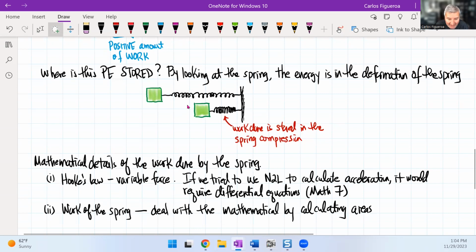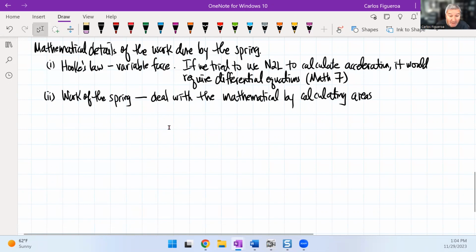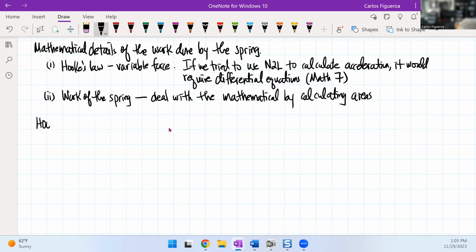That's how we can deal with the spring. Otherwise, it's mandatory that we deal with the mathematics of it. So let's deal with Hooke's law first.